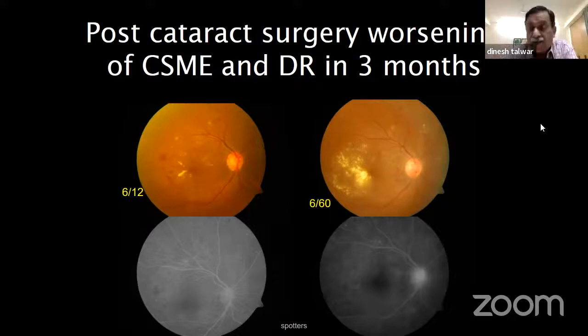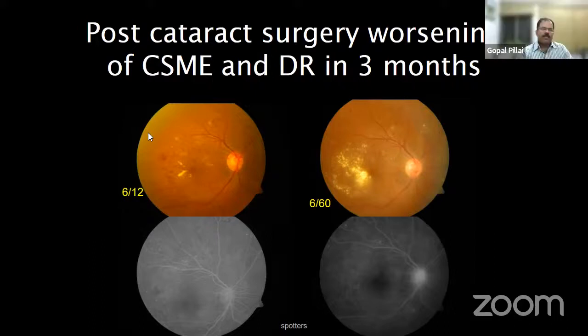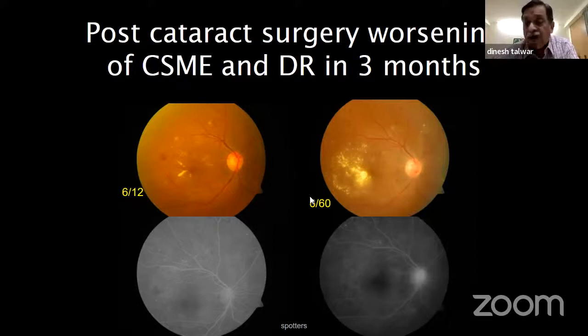The problem that happens is that this is a mistaken diagnosis. The diagnosis was diabetic macular edema with, and I can tell you what this must have been. This must have been cortical cataract. So you can see the haziness here. So basically what happened was, when you see any opacities, they need to be removed according to anterior segment surgeons.